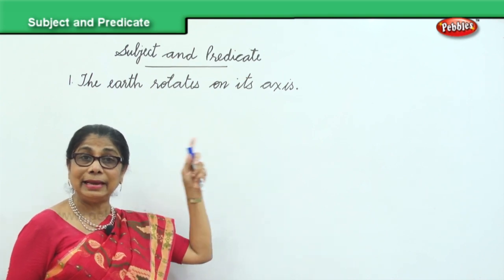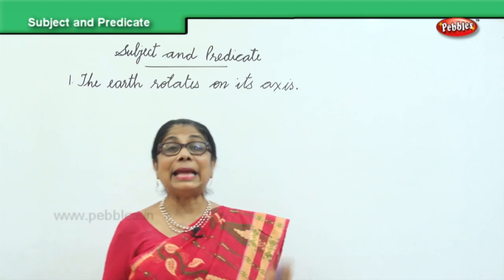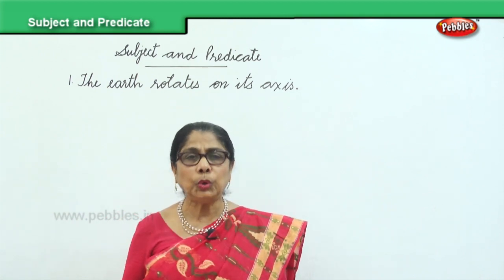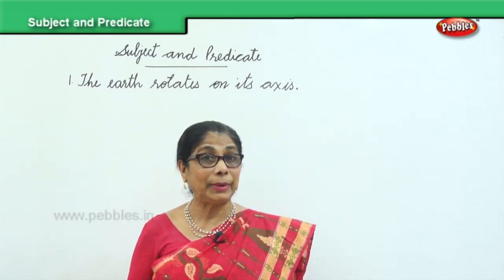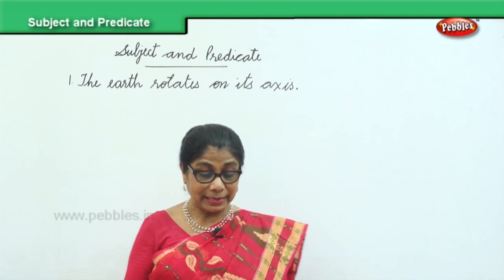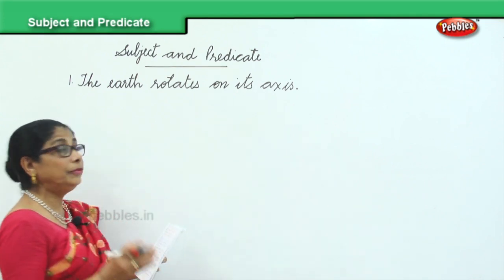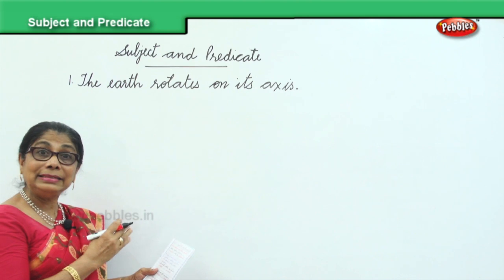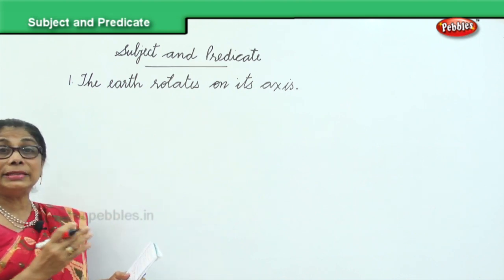Now we are looking at whether this sentence has a subject and a predicate. As I said, a sentence has two parts and both parts have to be present to make a complete sentence. Now, here we have: the earth rotates on its axis.